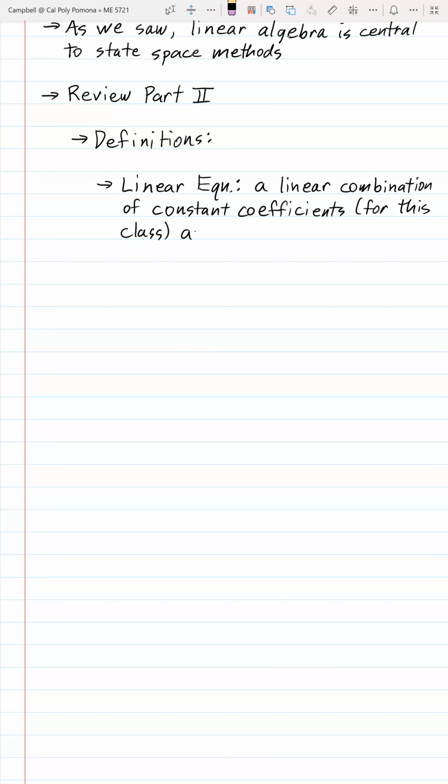So linear combination of those constant coefficients and variables, which then are equal to some constant. Here, I'll just go ahead and say constant value.